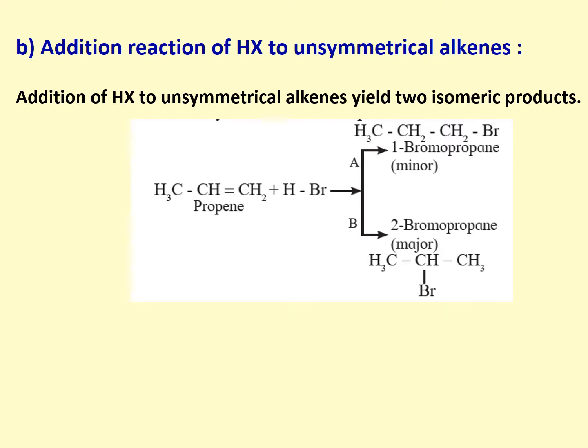Can you tell me what is the type of isomerism? They are position isomers, as there is a difference in the position of the bromine atom on the carbon chain. Out of these two isomers, one is formed as the major product and the other is the minor product. We can determine major and minor product on the basis of Markovnikov's rule.